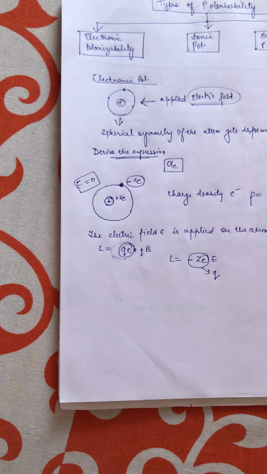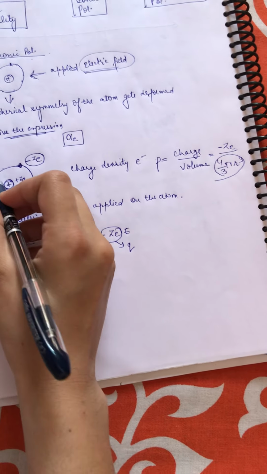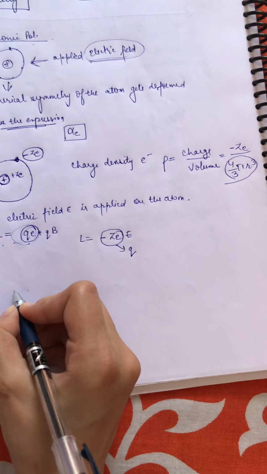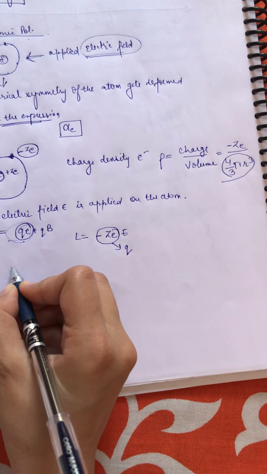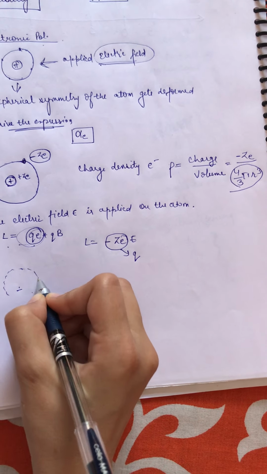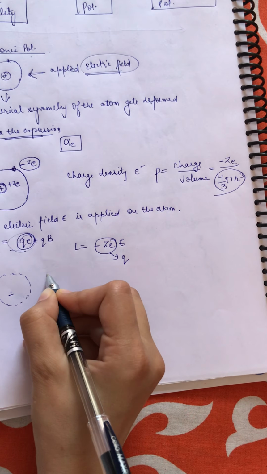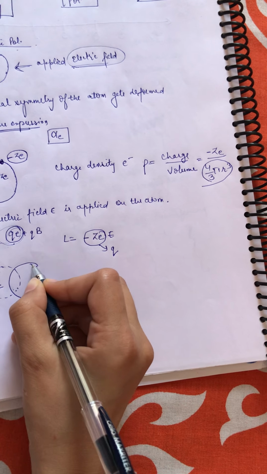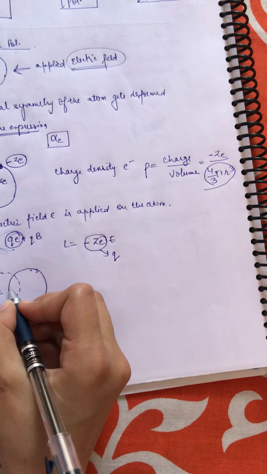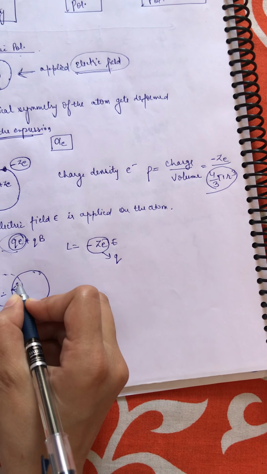Due to this electric field, the positive nucleus and the electron cloud will suffer displacement. Let the displacement be d.